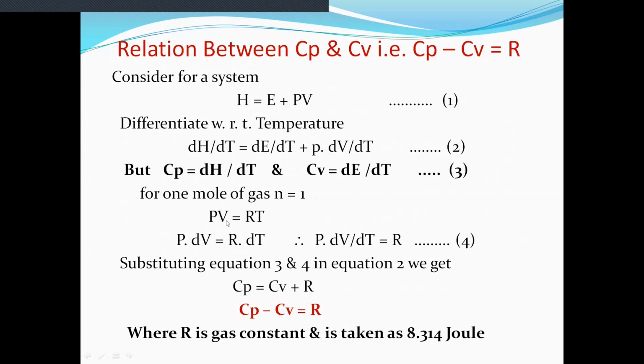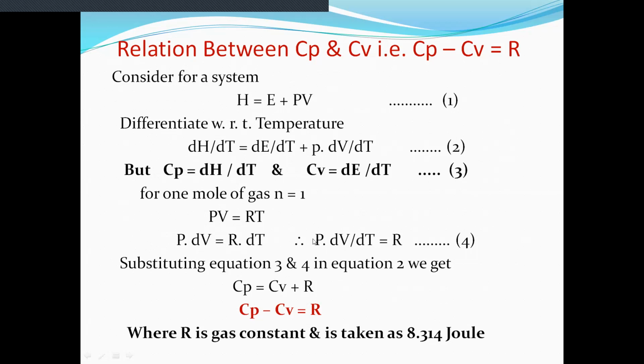That is, we have taken the ideal gas equation for 1 mole: PV is equal to RT. Understand? Now differentiate this equation again. PV is equal to RT. That is P as it is into the derivative of V, dV, is equal to R, the gas constant, into the derivative of T, that is dT. So P into dV is equal to R into dT.